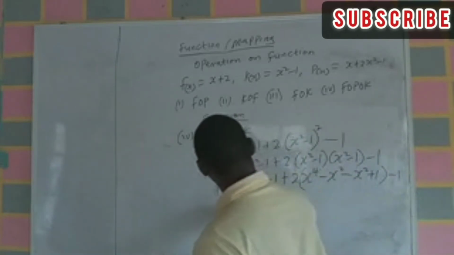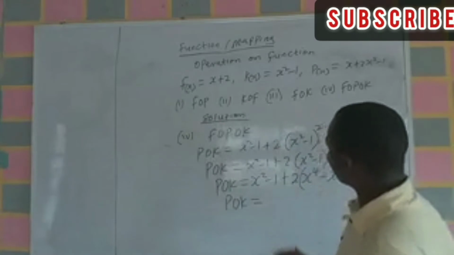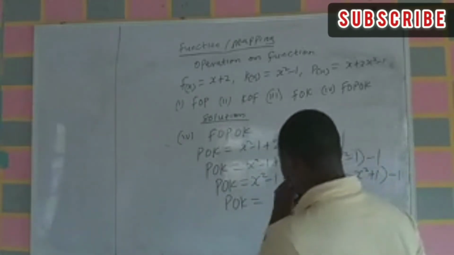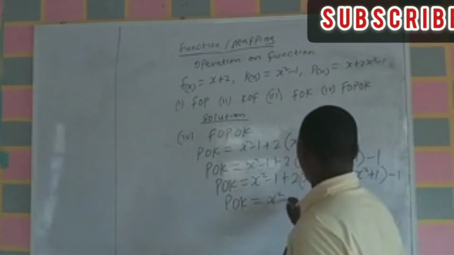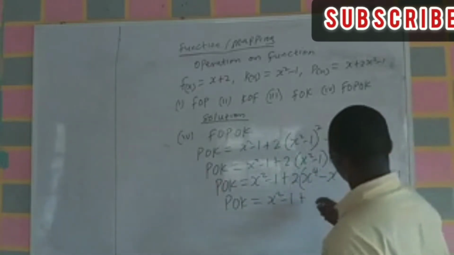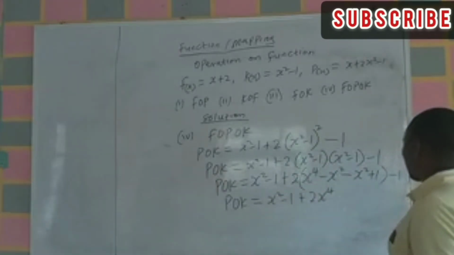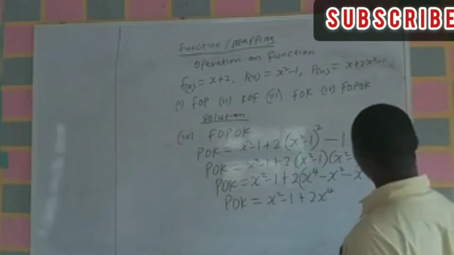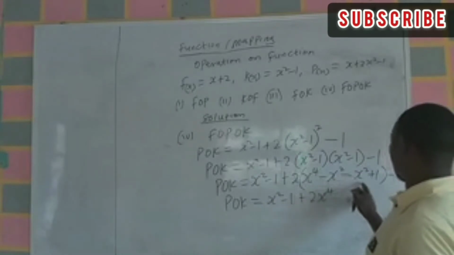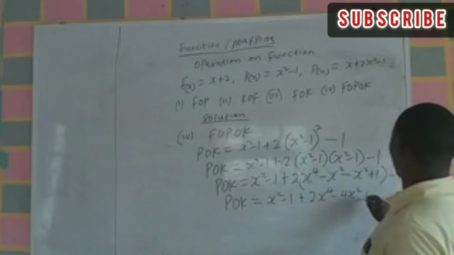So P of K, don't forget that we have to substitute for our F. P of K will give us s squared minus 1 plus, I will use this 2 to open the whole bracket, which gives us 2s raised to power 4. Minus 1 minus 1 gives minus 2, minus 2s squared here, and with the 2 we have minus 4s squared, then plus 2.